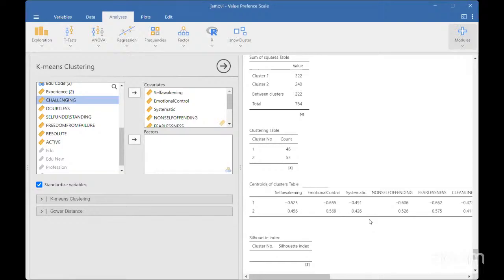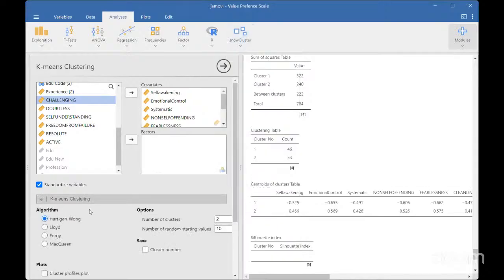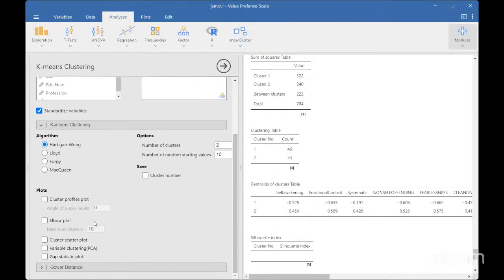Okay. So you, Usmita, now you click what is save cluster. It is written K means clustering. You click it, standardized variables. There you can find out the save cluster, save. Number of cluster 2, cluster number, save.